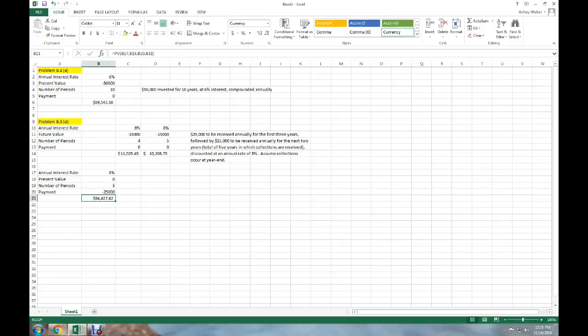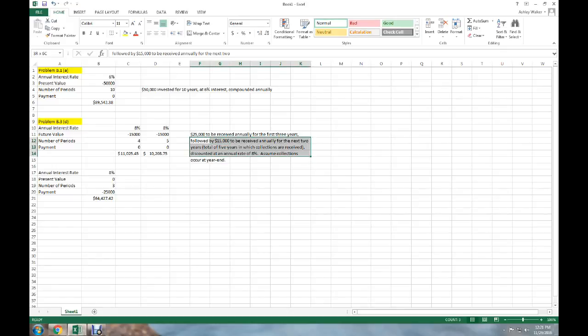So let's look at the next part. $25,000, we've done that, followed by $15,000 to be received annually for the next 2 years. Okay, so this one's a little confusing. What we're looking at is actually $15,000 at 2 different periods. The interest rate's the same.